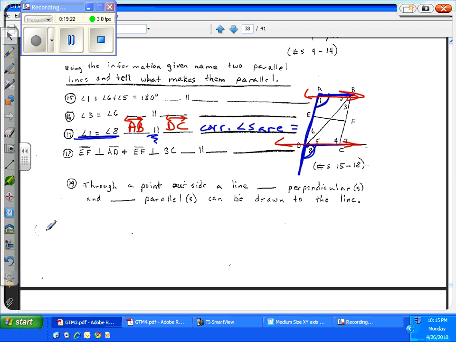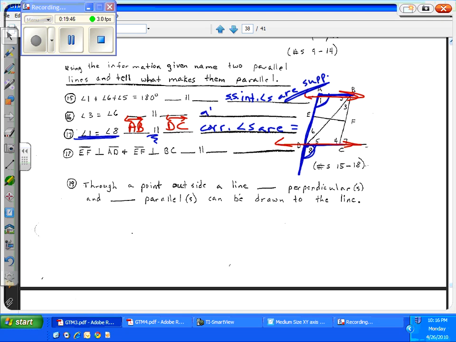And I don't think I wrote this up here, and I apologize. We can't say that they're parallel because they're same side interior angles. We have to say that they're parallel because same side interior angles are supplementary. Without that part on it, we've proved nothing.